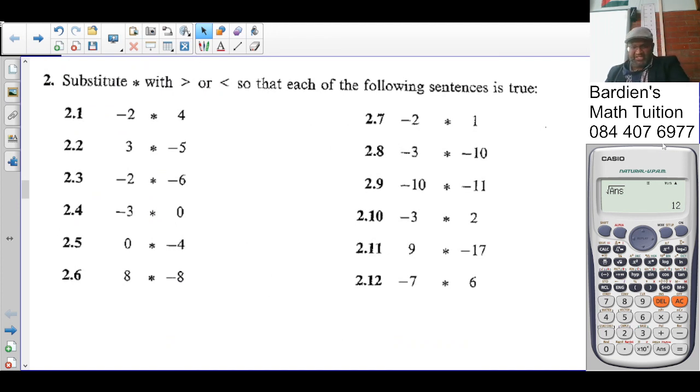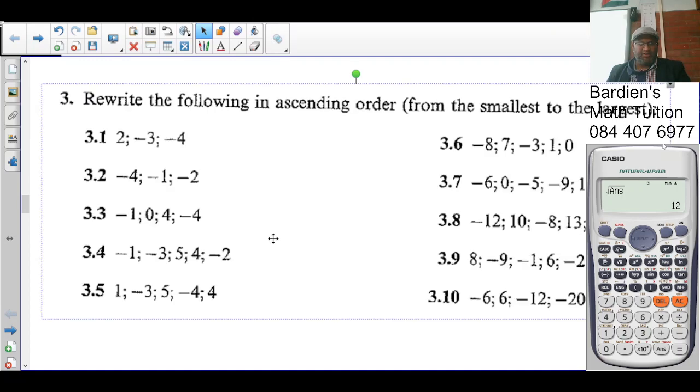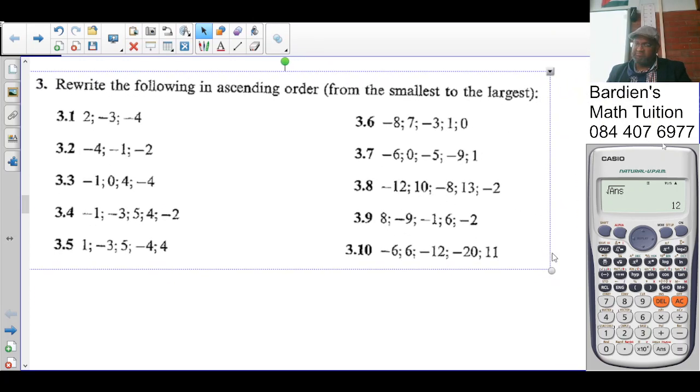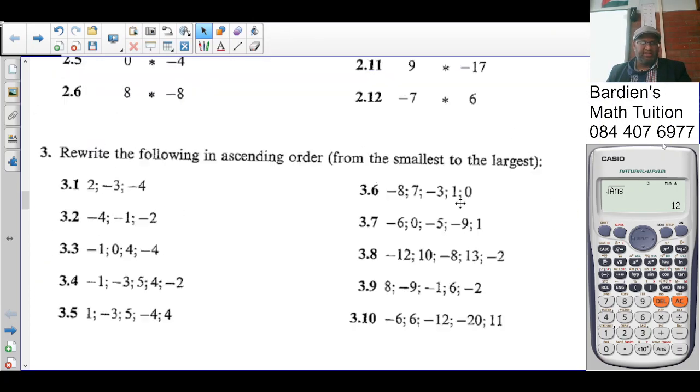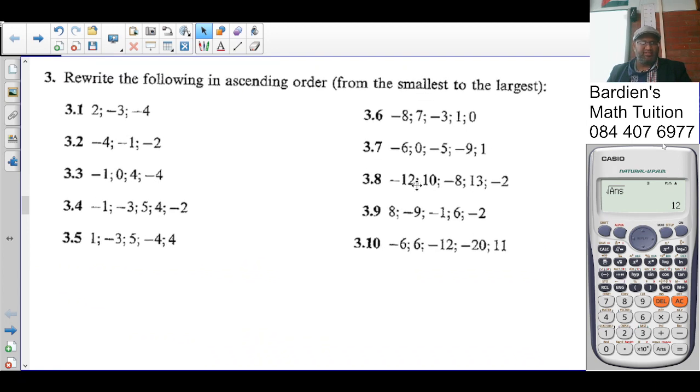Then number 3 says, write the following in ascending order. What does ascending mean? Smallest first. It's easy to say now, but in the exam when we asked you for descending order, it's like it's non-existent. We take an example here. You're going to write that down first.